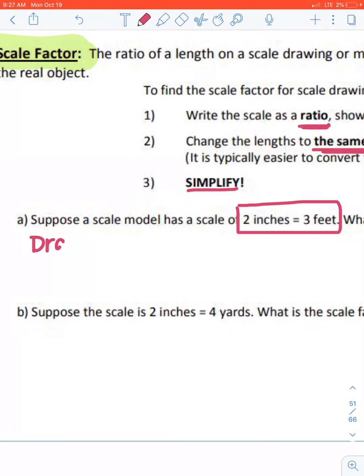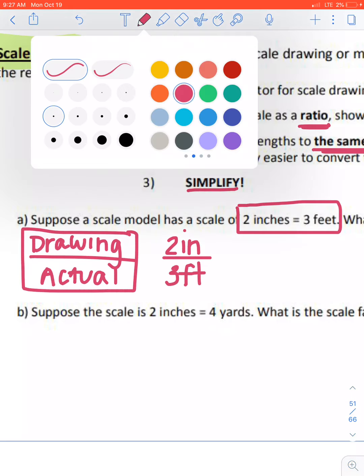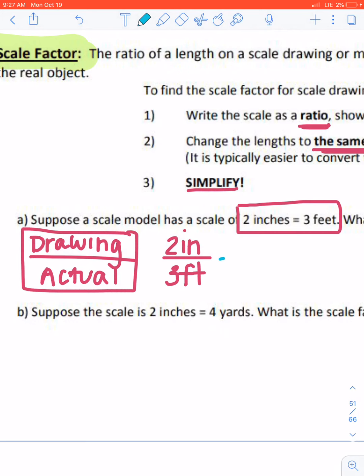So I'm just going to remind you that that means that we're doing the ratio drawing over actual. That's the ratio that we're using. So we have 2 inches over 3 feet. Now notice these are different units. So I'm going to make them into the same unit. I'm going to make the feet into inches.